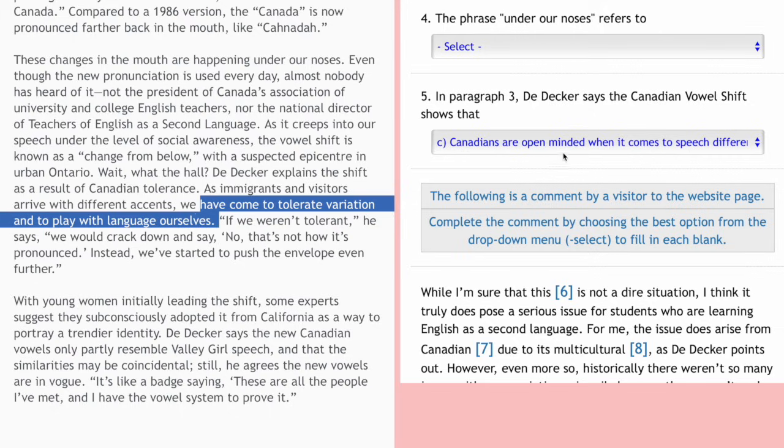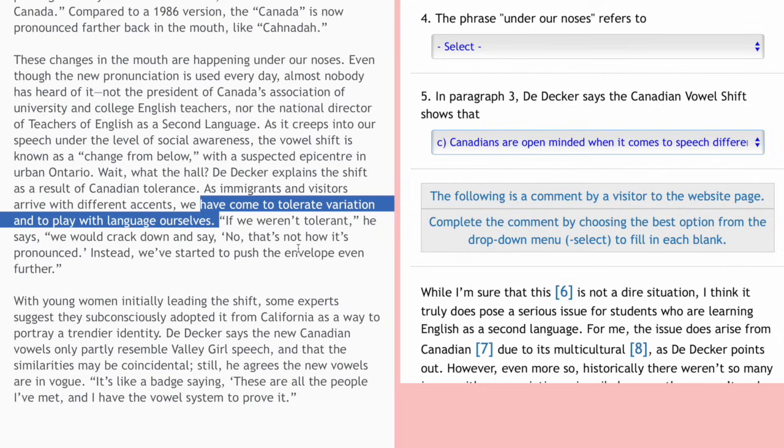Means we are open-minded when it comes to speech differences. Okay. So it means that we ourselves tolerate it because we're open-minded, we tolerate it, and we accept it.